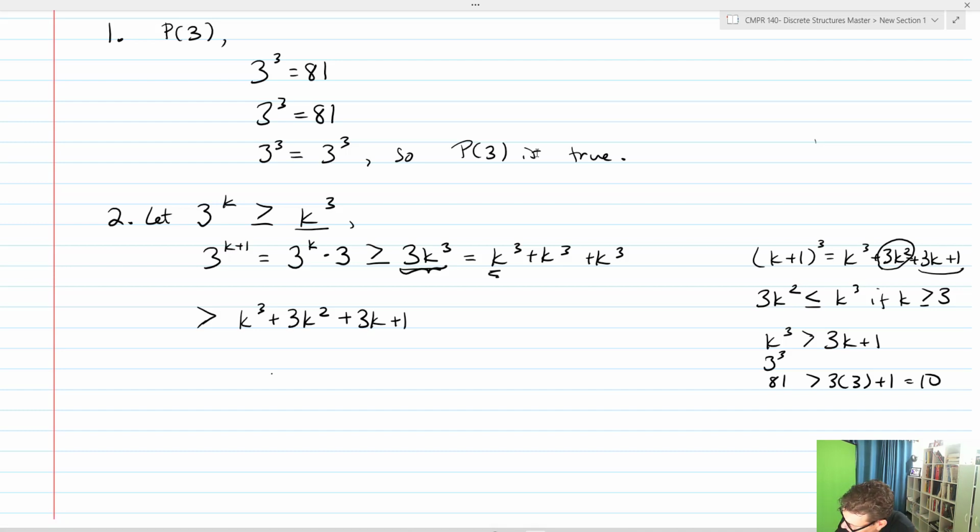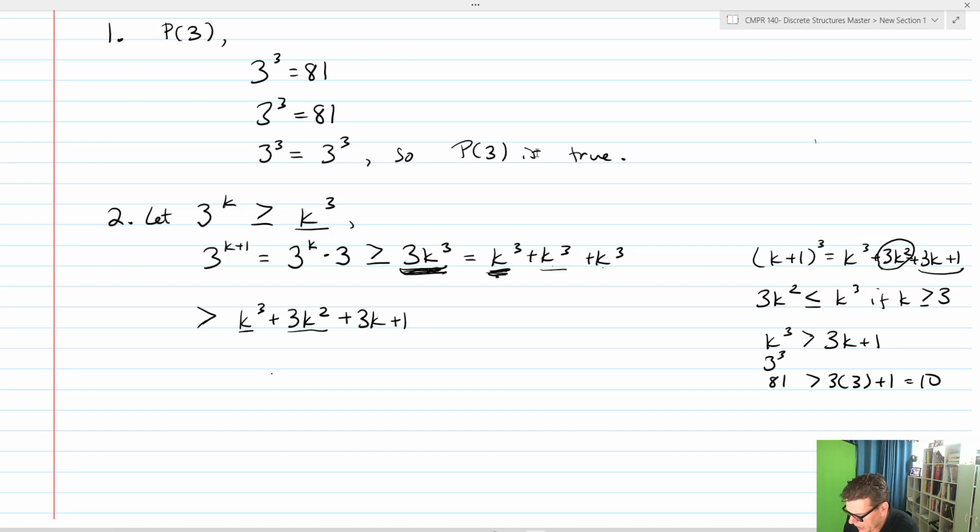So what I did right here is to notice that I've got k cubed plus k cubed plus k cubed. I broke out 3k cubed, and when I did that, I made an argument for each term. These two k cubeds match. Fine, they're equal. 3k squared is going to be less than or equal to k cubed if k is greater than or equal to 3.